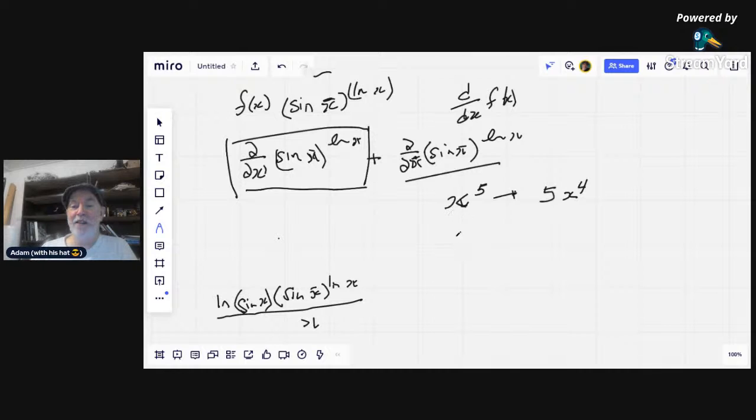So to do this one, there's our sine of x bar.